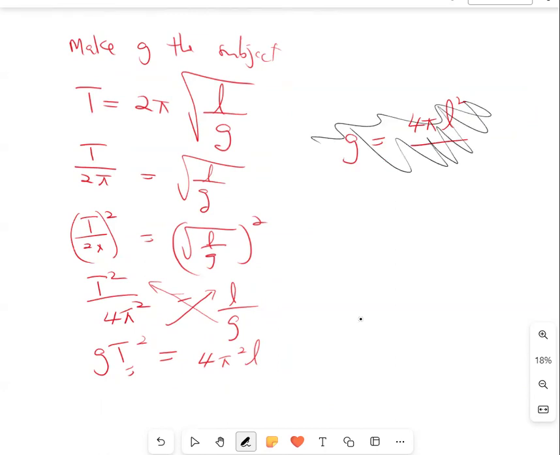So you divide through by T squared, so G will be equal to 4 pi squared L over T squared. Right? Yeah, I got something wrong in this one.